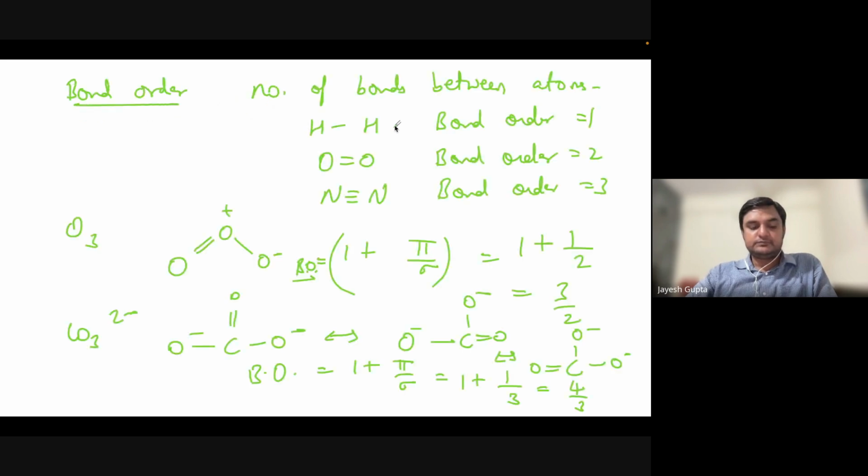If I draw its resonance hybrid, the resonance hybrid will be like this one. The negative charge is actually shared between 3 oxygen atoms. So 2 negative charges shared on 3 oxygen atoms, so it will become minus 2 by 3.